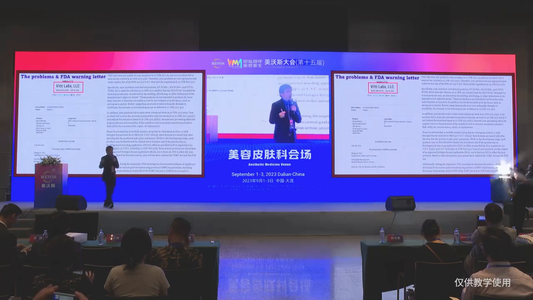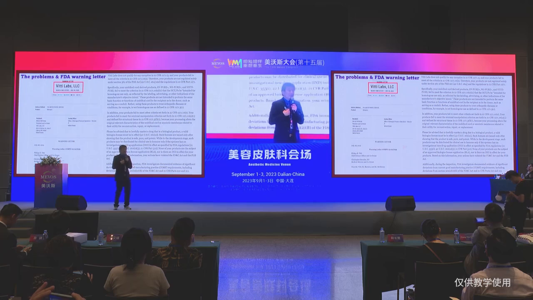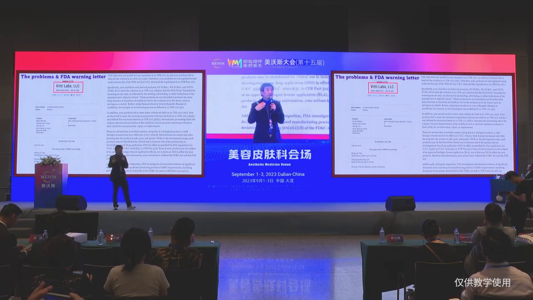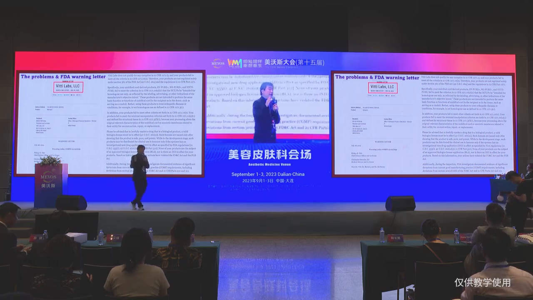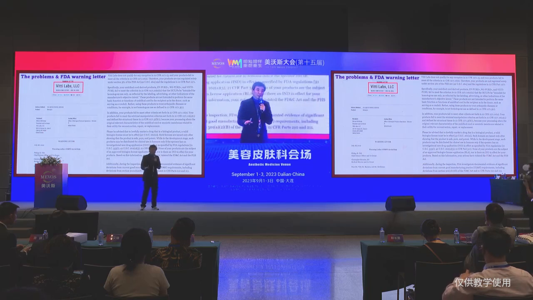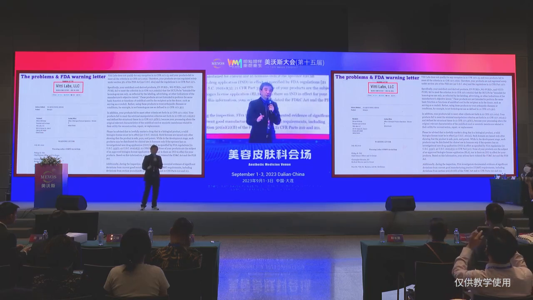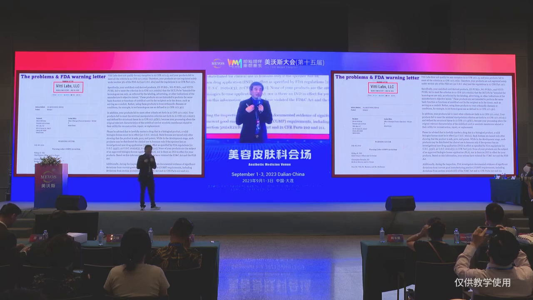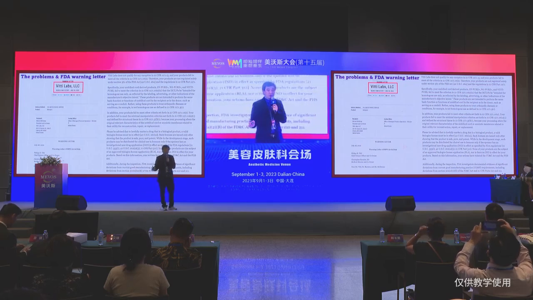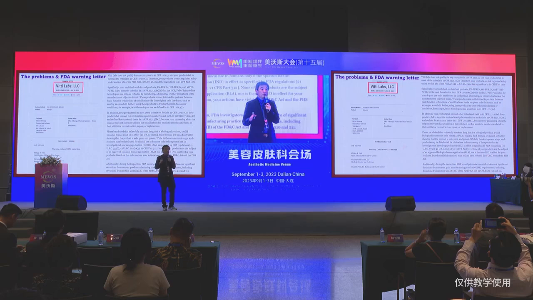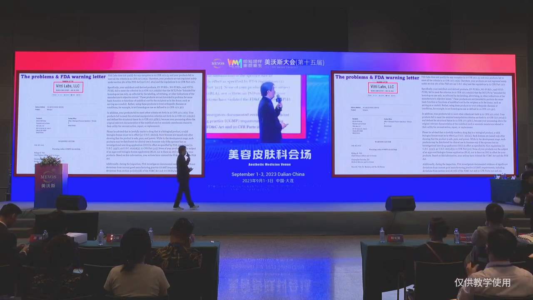Today I'm here because I think it's better for me to deliver true and reliable information to everybody, not only to the physicians, but also to the industry. Because as an academic person, I think everything needs to be truly based on information and fact. So this is what happens to the company.